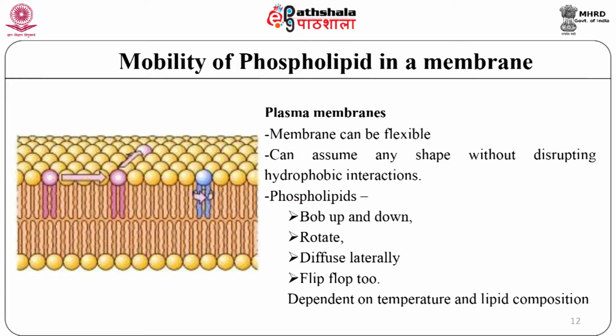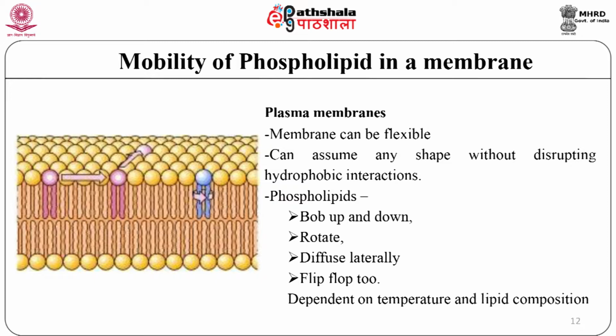Individual molecules of the lipid bilayer, that is, lipids and proteins, have the ability to rotate and move in a lateral direction within the bilayer. It is possible and dependent on temperature and lipid composition. For example, shorter fatty acid chains have weaker interactions as compared to longer fatty acid chains.